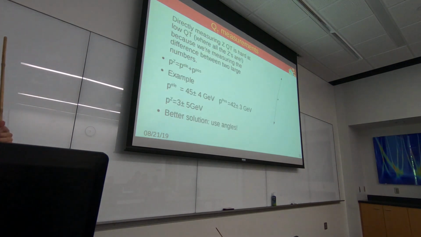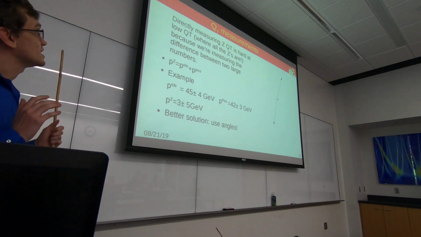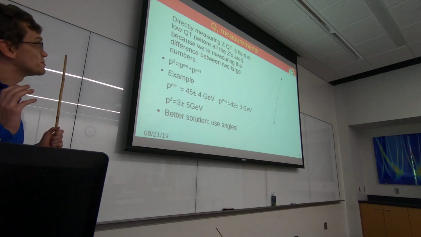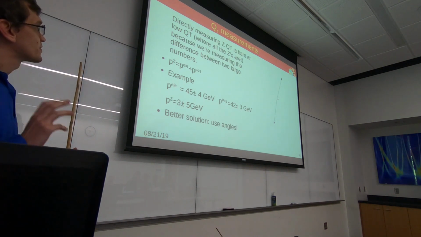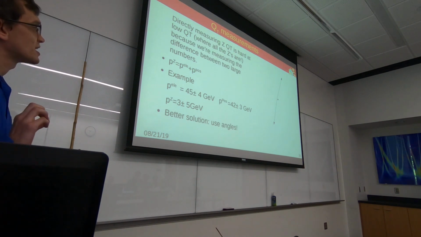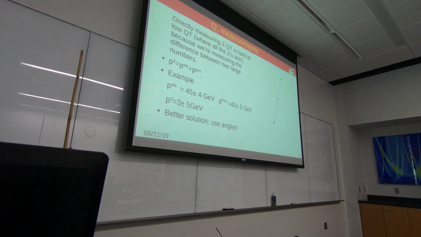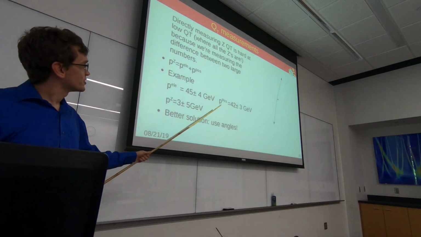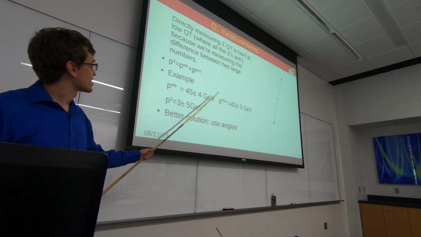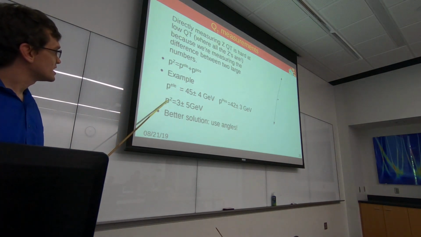Now, directly measuring the QT of the Z, although we can measure it, is difficult to do super precisely. The reason for that is we're subtracting two big numbers from each other. For example, if we had on a one-dimensional plot an electron going in the x direction and a positron going in the negative x direction, we'd end up with a PZ of 3.